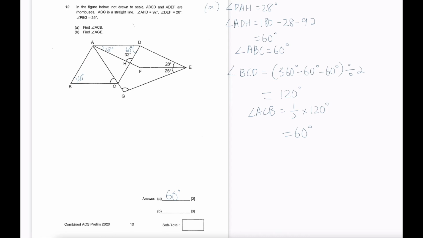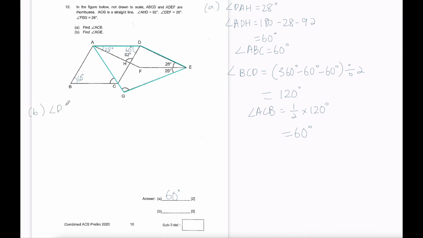All four-sided figures add up to 360 degrees. I'm going to outline it so it's more visible. So ADEG is a four-sided figure, and like I said, they add up to 360 degrees. So let's start finding, with this information.